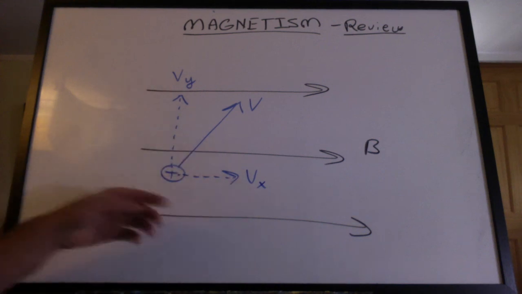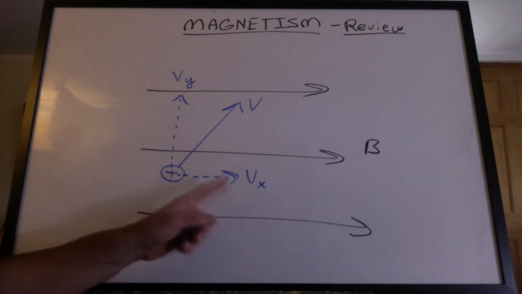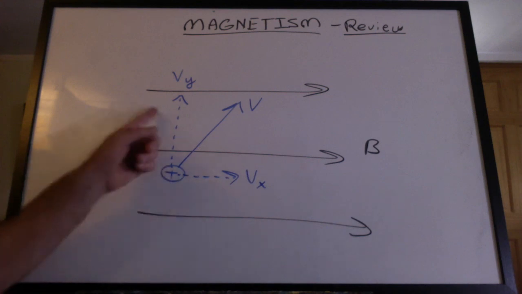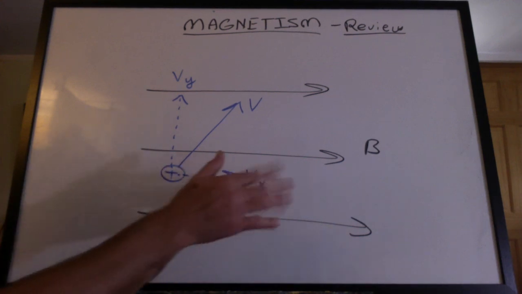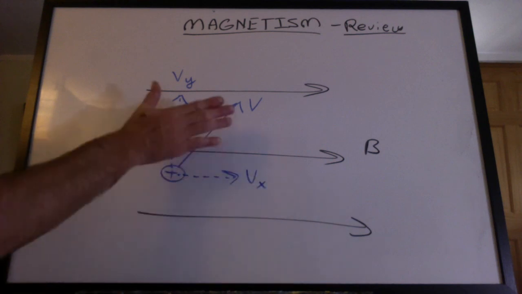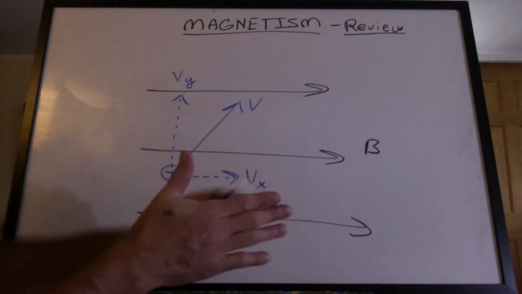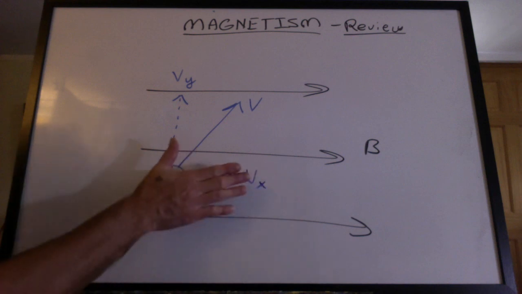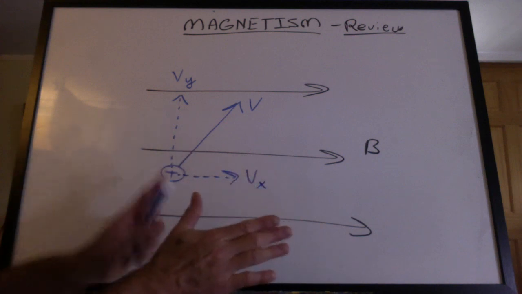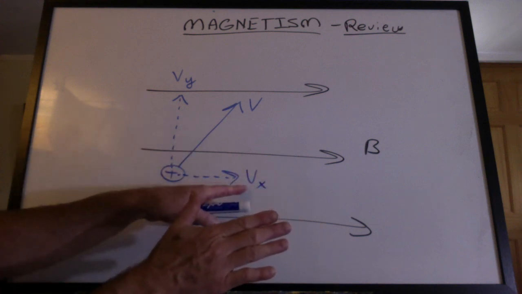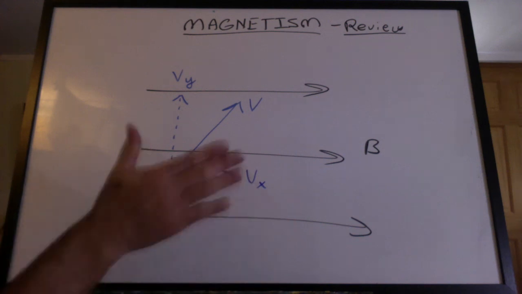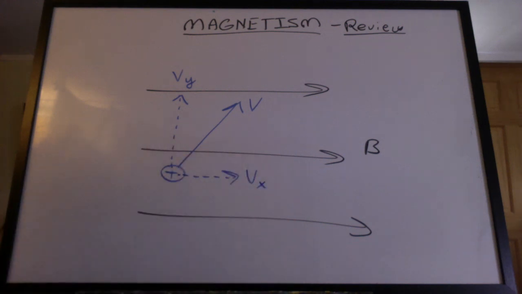The x component is parallel to the magnetic field. That will not produce any force. This one will. You put your fingers in the direction of the magnetic field, thumb in the direction of positive motion, and yeah, it's perpendicular. The force will be in. This thumb is this way. It can't be in this direction. You have to outstretch your thumb when you use the right-hand rule.